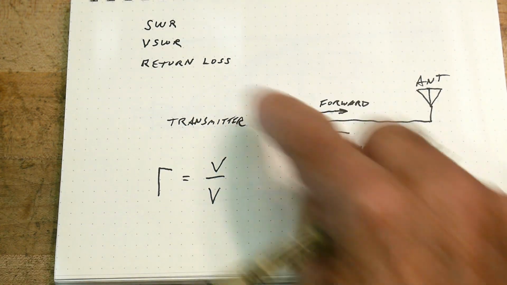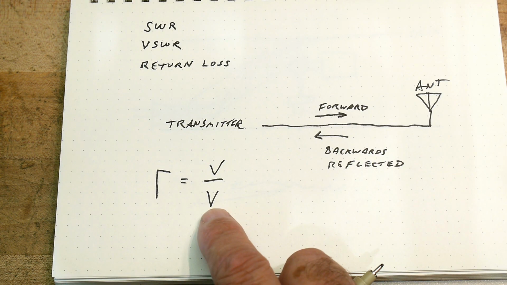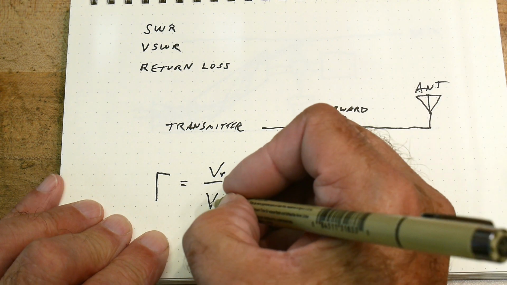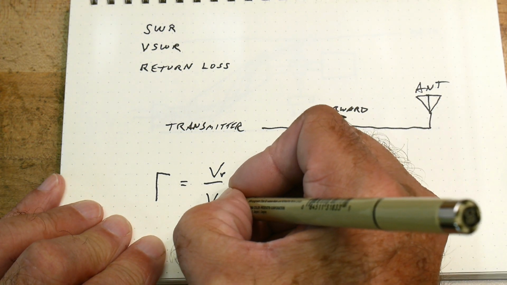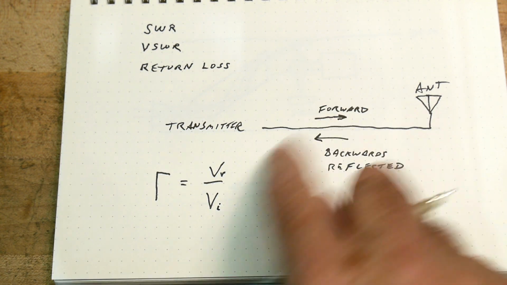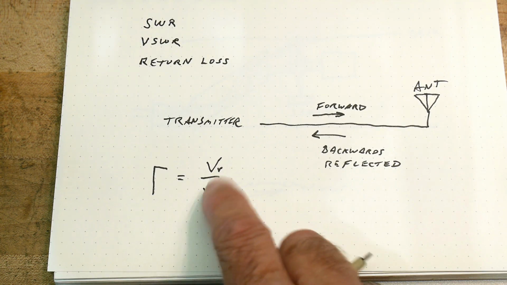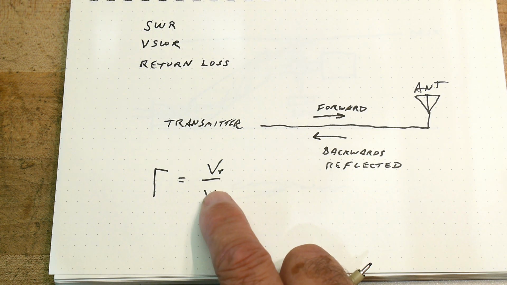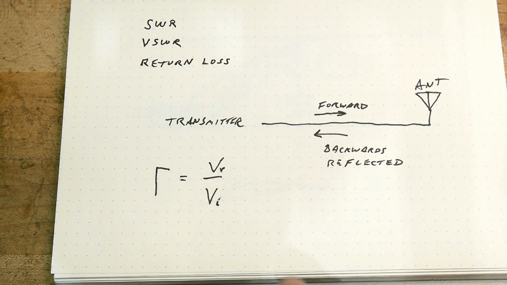So it's a voltage ratio, a lot like VSWR is a voltage ratio. Gamma is a voltage ratio. And this is the reflected voltage versus what's called the incident voltage or the forward voltage, okay? So there's a forward voltage and a reverse voltage, an incident voltage and a reverse voltage. And so the idea of this ratio is gamma.